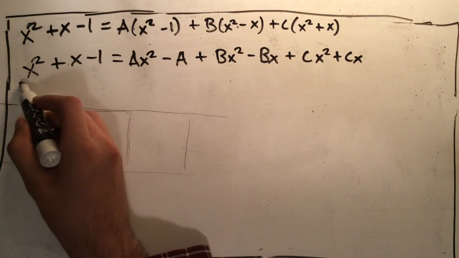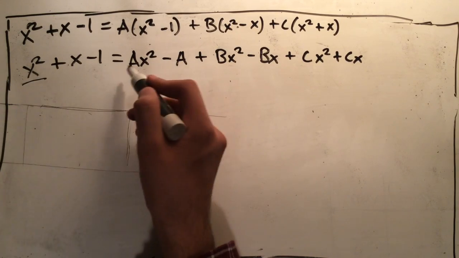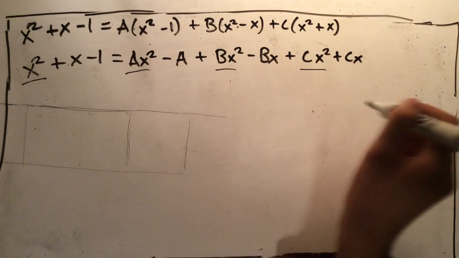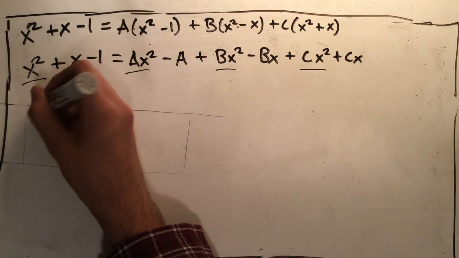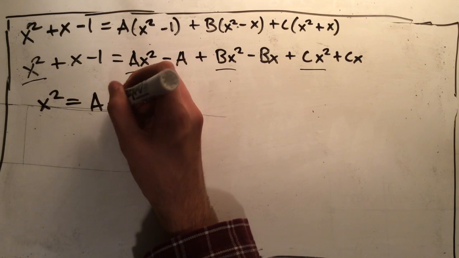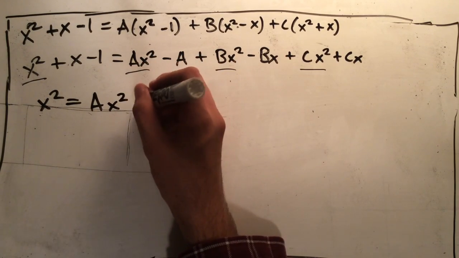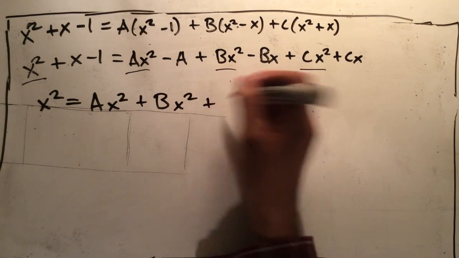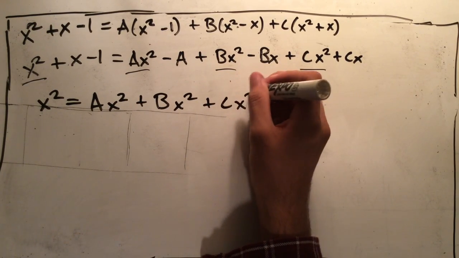So now we're going to look at the like terms, the x squared, ax squared, bx squared, and cx squared. Put those into one equation. So we have x squared equals ax squared plus bx squared plus cx squared.